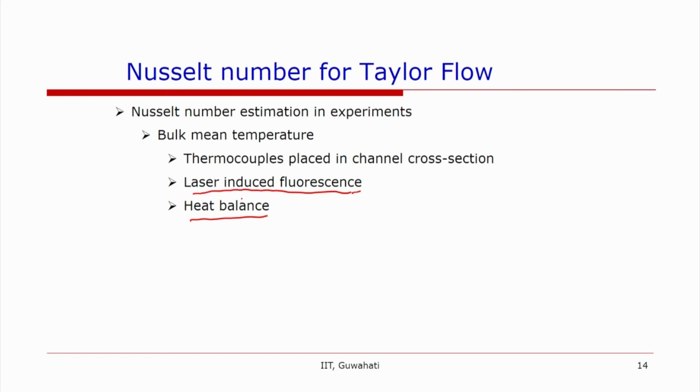So, efforts are being made to measure the local temperature in the fluid. Efforts are also made to put a thermocouple inside the channel, which may affect the flow slightly, and then look at the temperature field in the channel and obtain the bulk mean temperature from there.